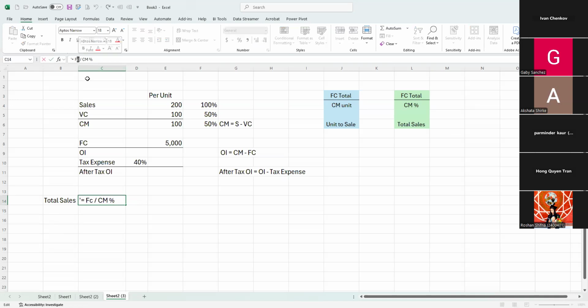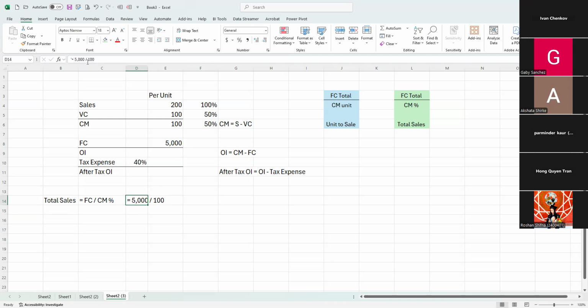Correct? Okay, so if we follow this, it's gonna be equal to 5,000 divided by 100. How much will be my total sales? This one, no, not 100. That will be number of units, right?